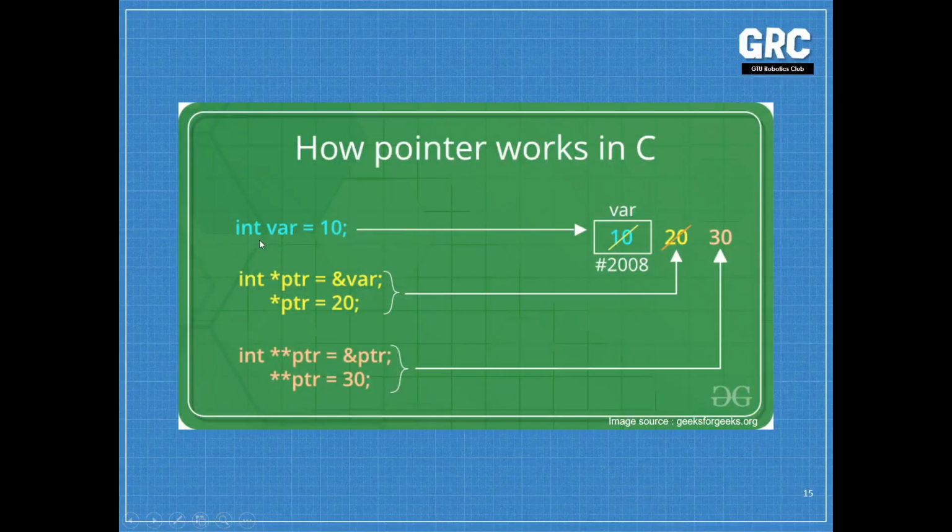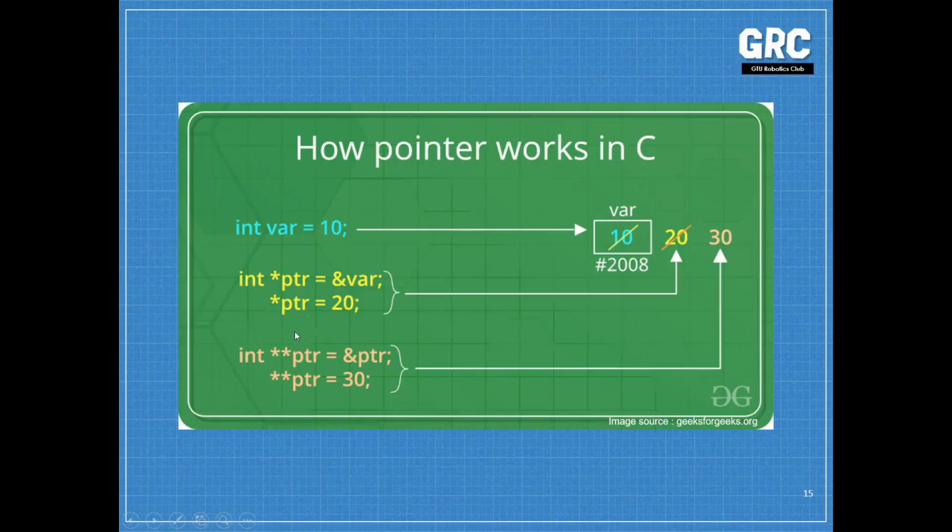Let's say we have an integer variable whose value is 10. If we want to assign it to a pointer, we pass the address to the pointer, and now if we want to change the value, we can change it this way, and its value will be changed to 20.